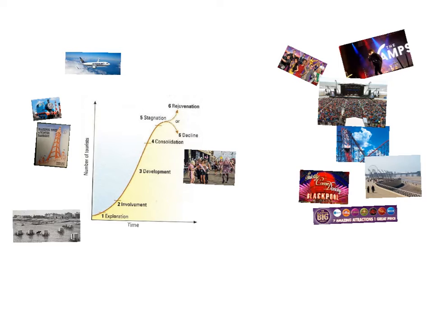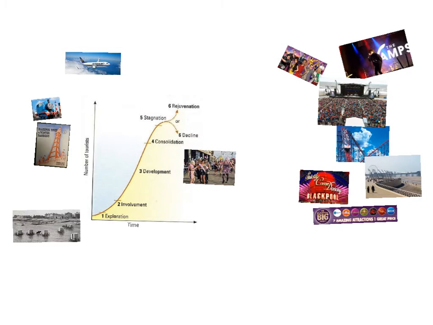The standards dropped, the quality of the hotels, there was not much reinvestment into it, and so over time it was in decline. So what could they do? They have to rejuvenate if they're going to see jobs maintained, see the area improve.